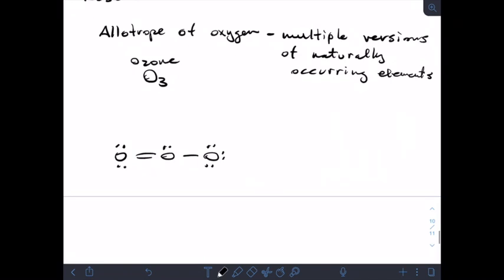Okay, but I could just as easily draw one that looks like this. And I would not be incorrect for doing so. Okay, these are equal. Both of these are correct Lewis structures.